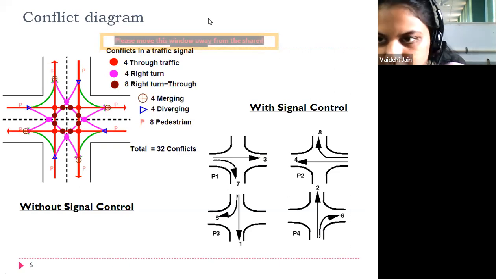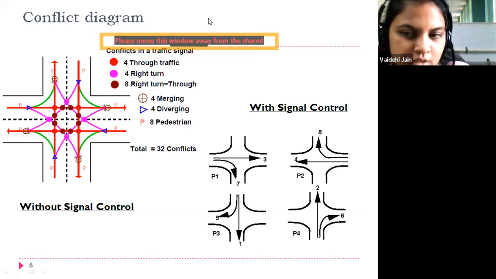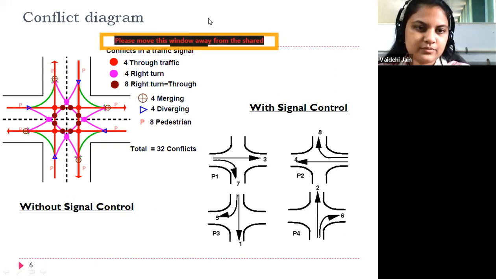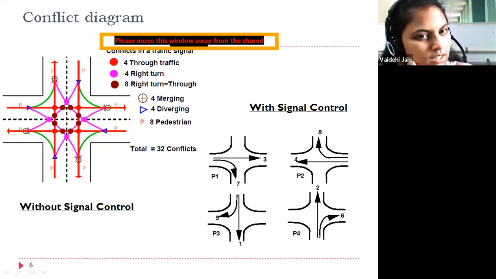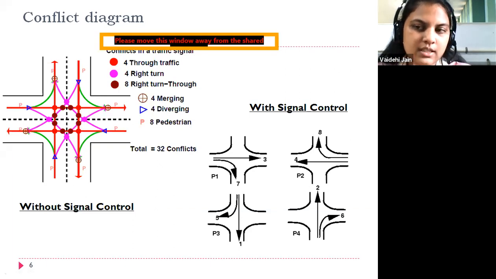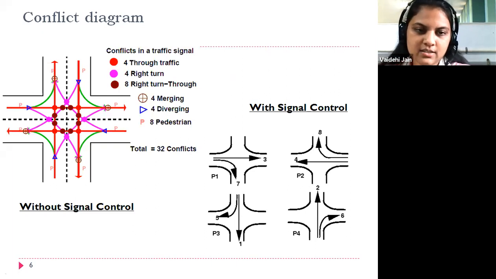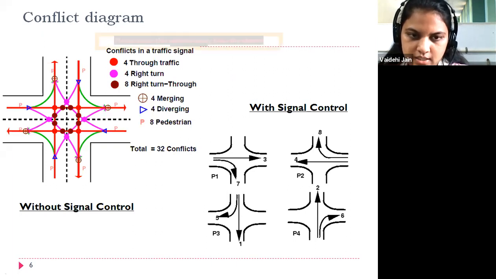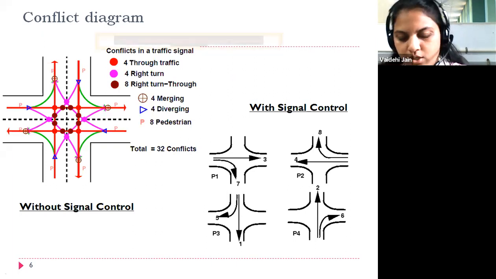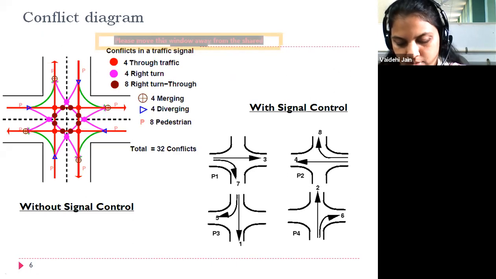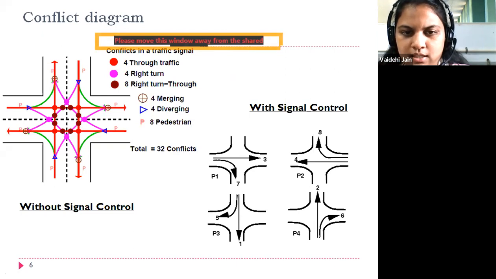If the signal has not been introduced, then what happens? This is the scenario. The merging, diverging, crossing, all types of conflicts are there. Merging conflicts means if the right movement and the straight movement are going at the same time, and the signals are not there, then some type of flow is merging with another type of flow.